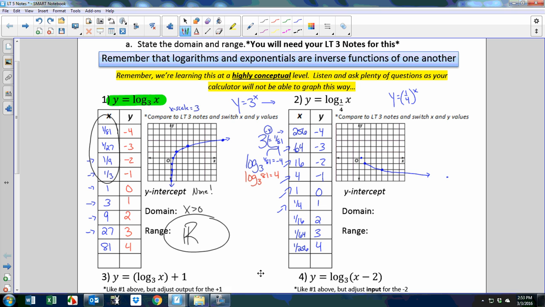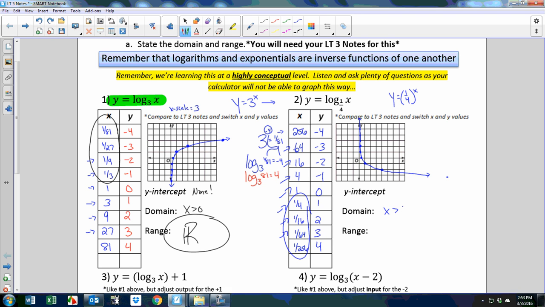Right a fourth, up 1, right a little, up 1. Right, 1/16, comma 2, right a little, up 2. 1 over 64, right a little, up 3, and so forth. So our logarithm gets closer and closer to 0 on the fractions here, but it will never get there.